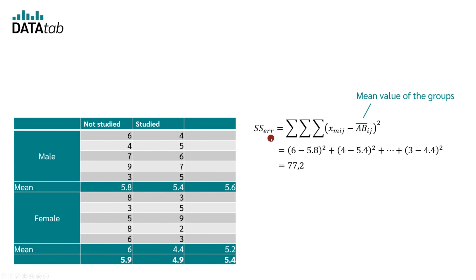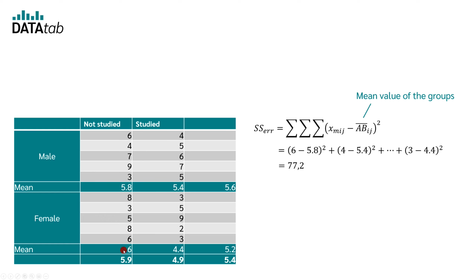This is calculated similar to the total sum of squares. So again, we use each individual value. Only in this case, we do not subtract the total mean from each value, but we subtract the respective group mean from each value. So in this group, we subtract 5.8 from each individual value. In that group, we subtract 5.4.